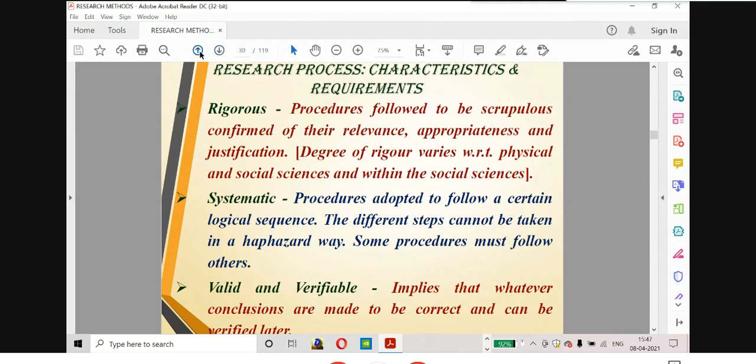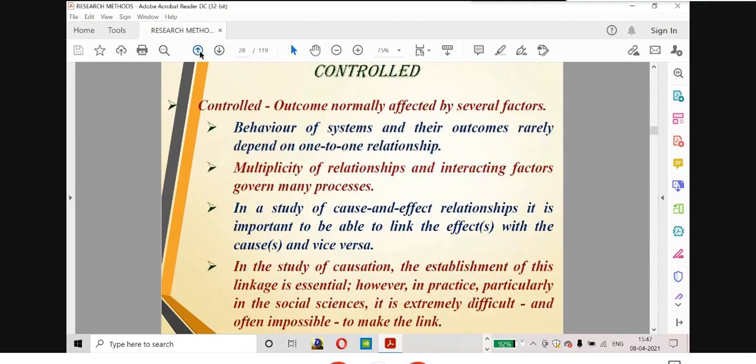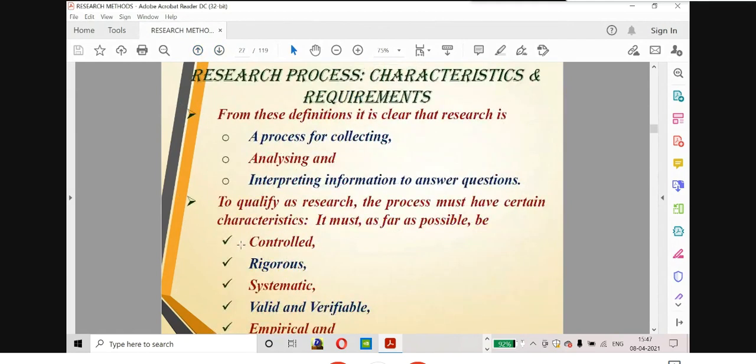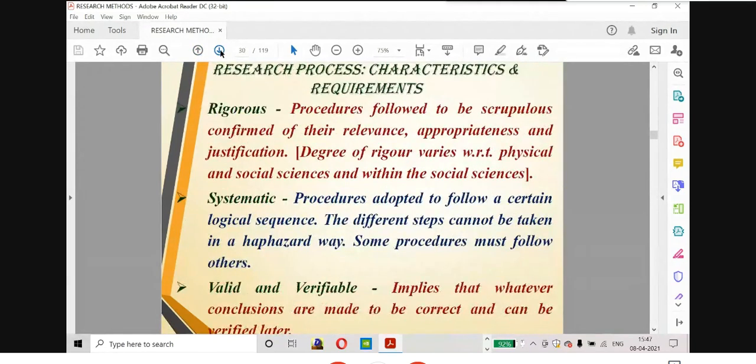Then, I told that research should be controlled and rigorous. What is rigorous? When you are doing research, you cannot follow shortcuts.